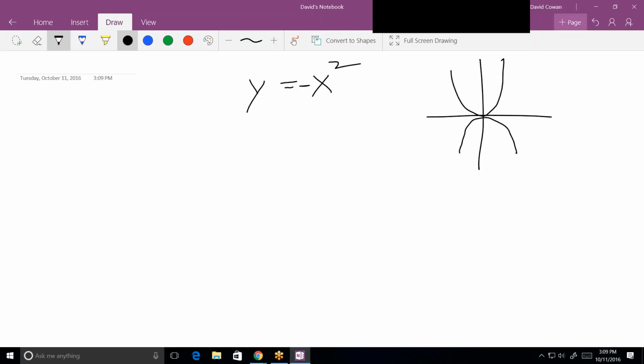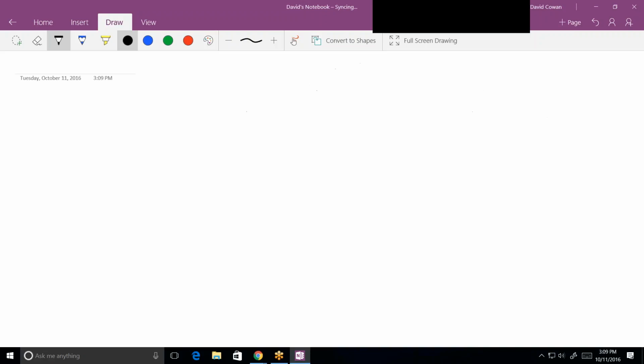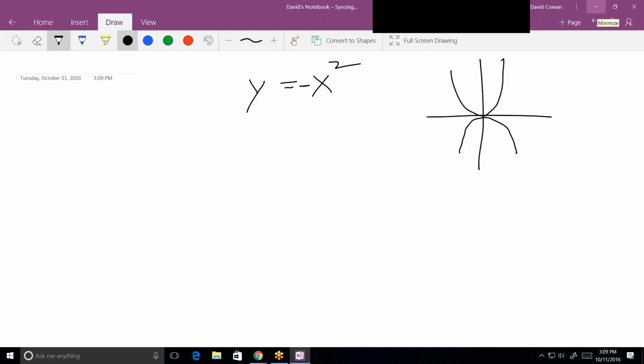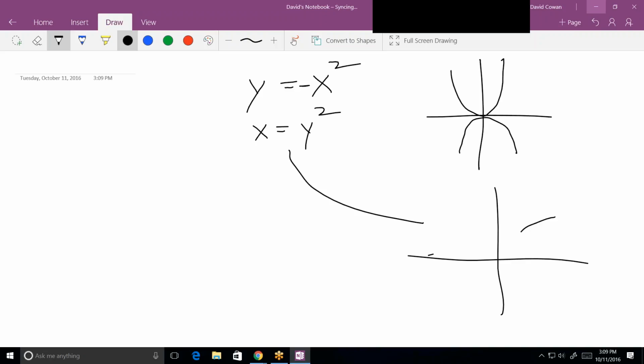Well, if you make one little change and make it x equal y squared instead of y equal x squared, this becomes a horizontal parabola that opens to the right. And if I make it x equal negative y squared, it's a horizontal parabola that opens to the left.